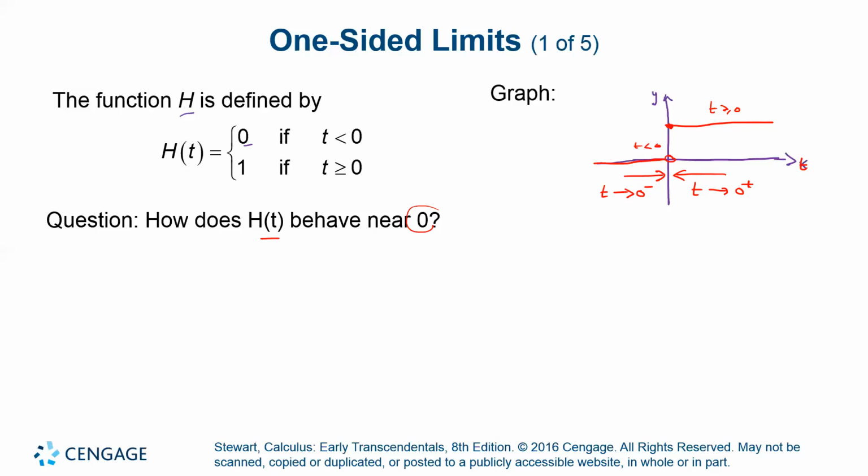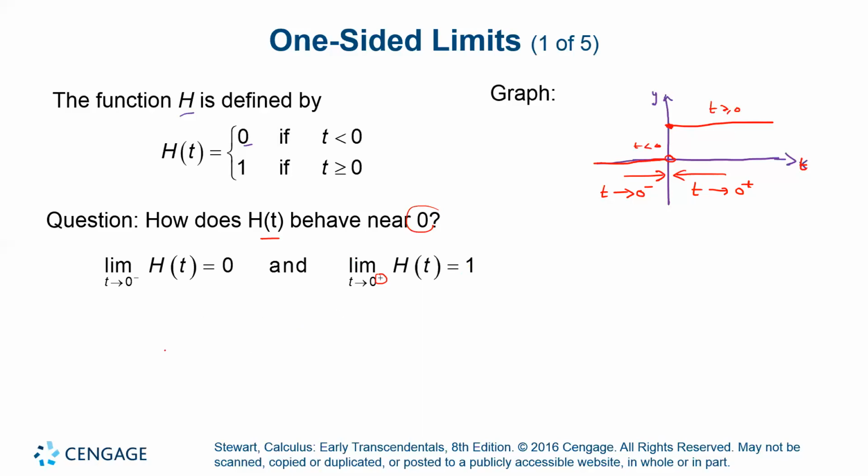So how does it behave? If t approaches 0 from the left, the function value is 0. And if t approaches 0 from the right, which is positive, the function value is 1.